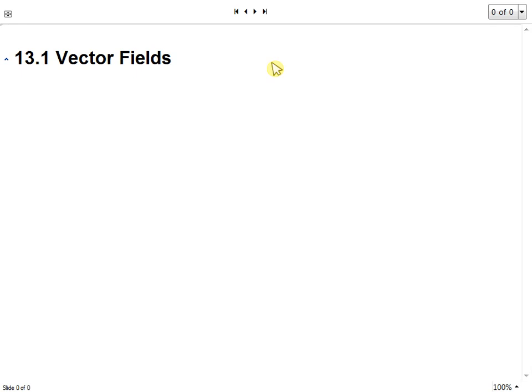Now let's see how we can bring vectors into integrals and see what happens. First we need some understanding of what a vector field is. You can make a vector field a very complicated concept or a pretty simple one. For us, let's keep it simple, very visual.